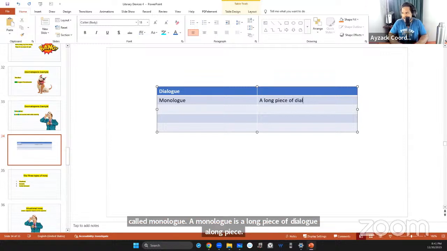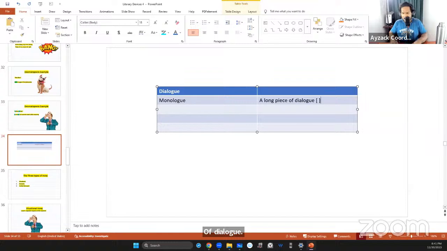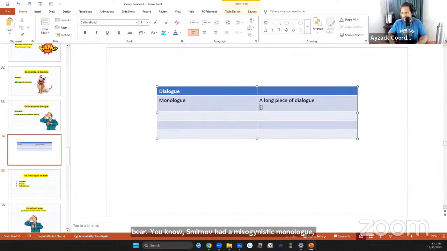For example, in The Bear, you know Smirnov had a misogynistic monologue, didn't he? Can you believe that?